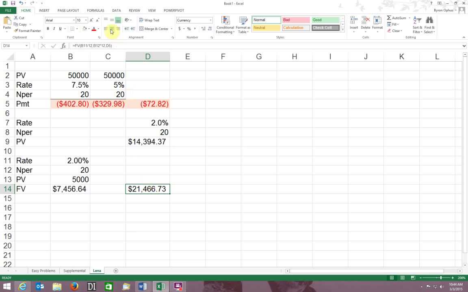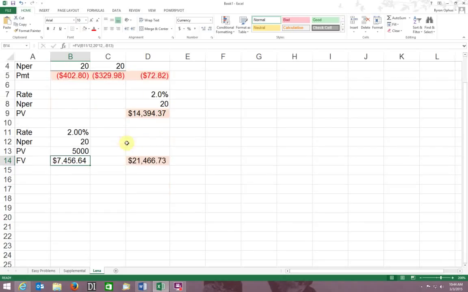So once again, it makes a lot of sense, right? My monthly savings of $72.82 is going to add up to significantly more than if I just invested that $5,000 at this point in time. So again, it confirms in my case, the $50,000 example that I'm using here, it absolutely confirms that I would want to refinance my home.